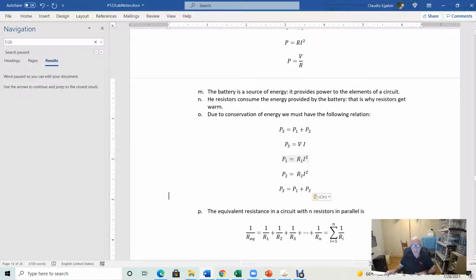We have to prove that R1 I squared plus R2 I squared equals VI.